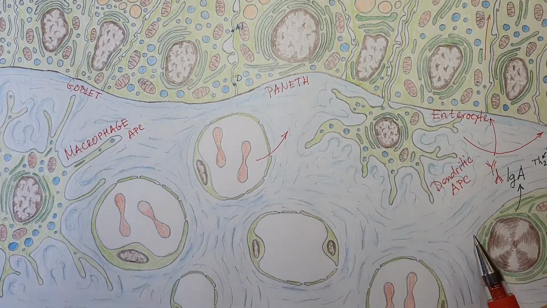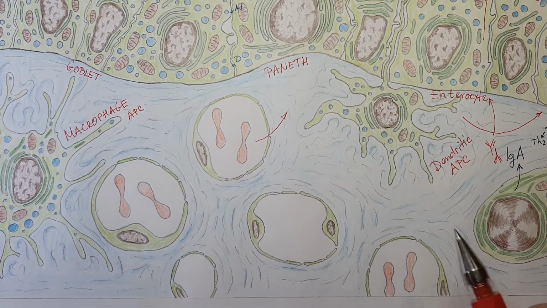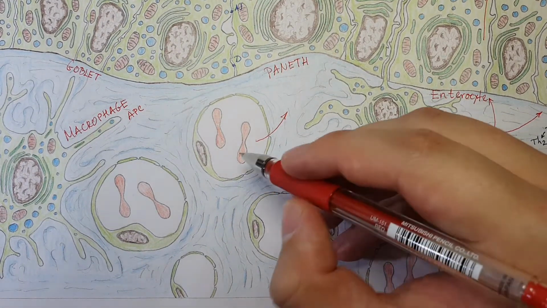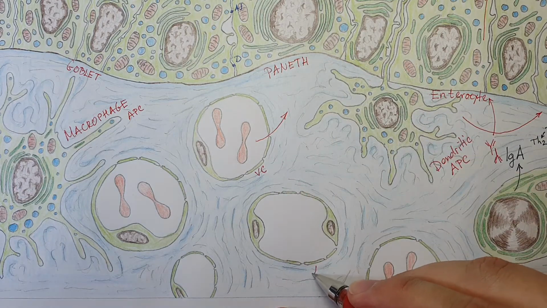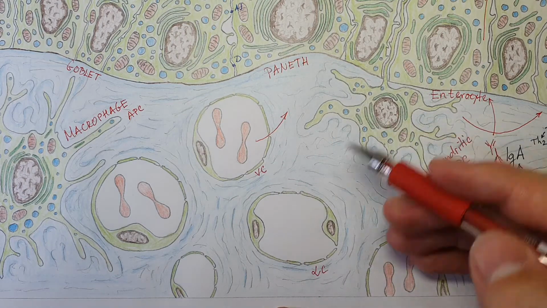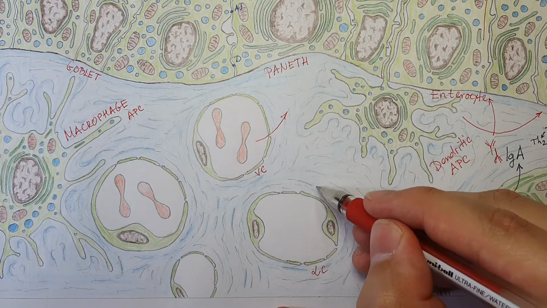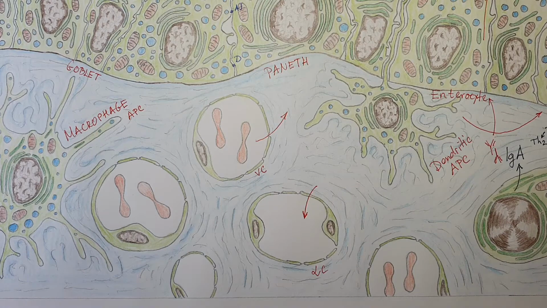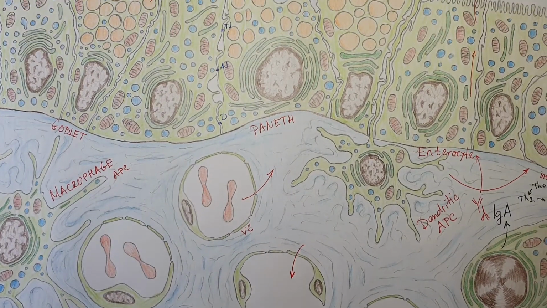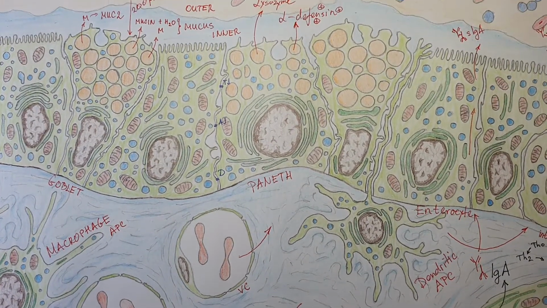Also, when our cells need to go to the lymph nodes, so this would be a vascular capillary, and this would be a lymphoid capillary, they travel to the lymph capillaries. So this is a simple overview of the intestinal barrier.